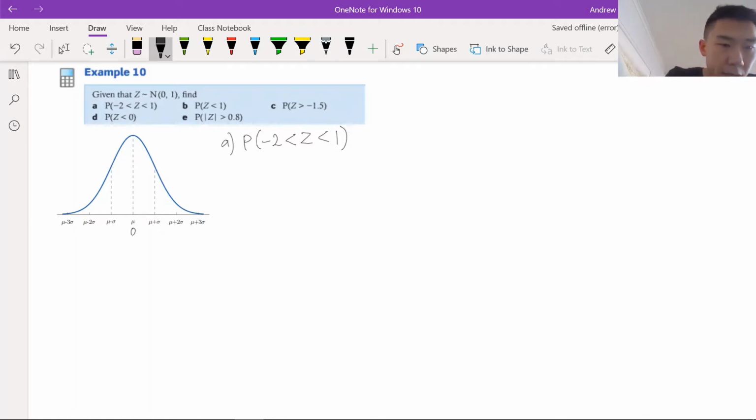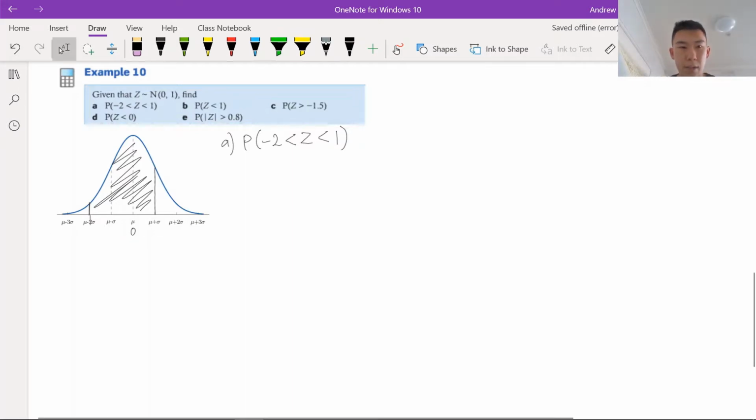Now if it is a standardized curve, then -2 is going to be here and 1 is going to be here, because -2 and 1 just means how many standard deviations they are from the mean. Knowing how the proportion of the graph is generally distributed just makes it easier to show on a diagram. So we want this area for A.